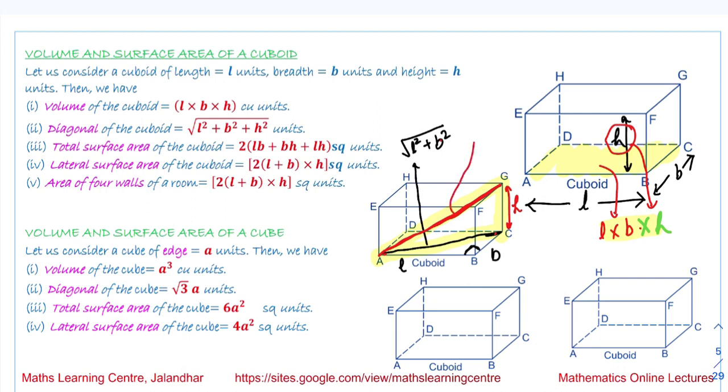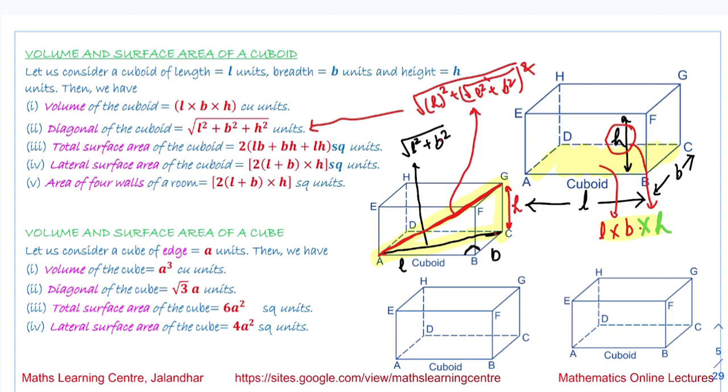Then the length of this side AG will be square root of H square plus square root of L square plus B square, whole square. So the square root and square get cancelled, and we are left with the length of the diagonal as the square root of L square plus B square plus H square.